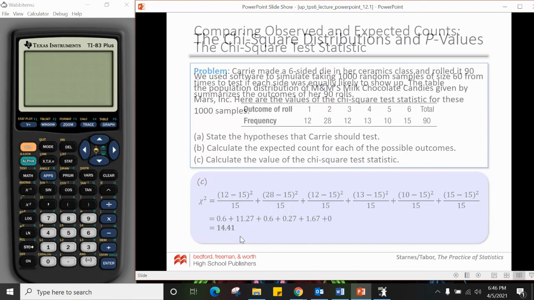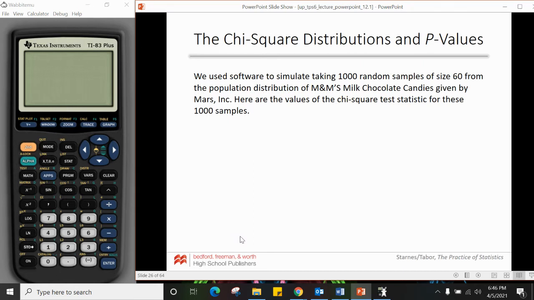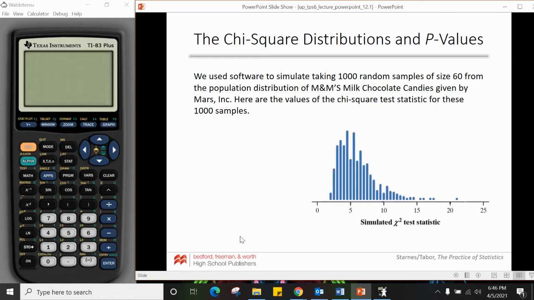All right. The next subsection is the chi-squared distribution and p-values. We use software to simulate taking 1,000 random samples of size 60 from the population distribution of M&Ms given by Mars. Here are the values of the chi-squared test statistic for these 1,000 samples. Basically, to summarize this, we are building what would become a sampling distribution.